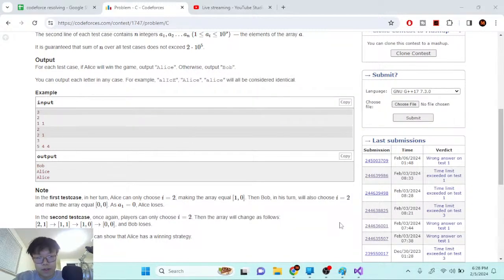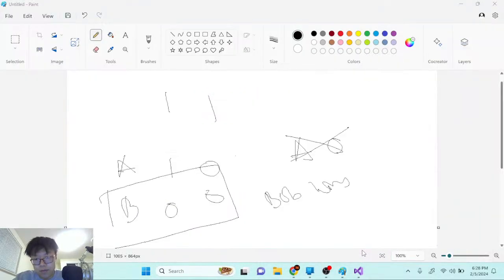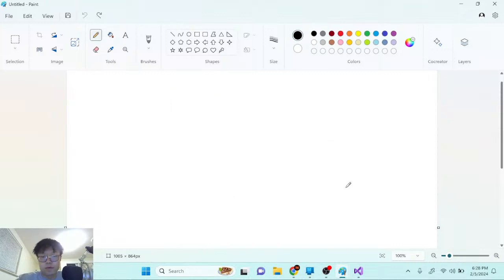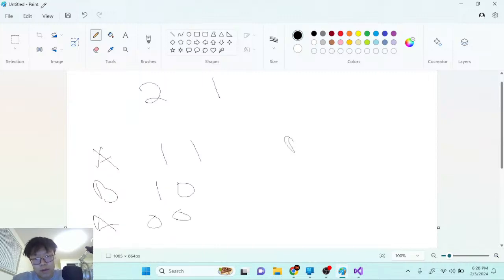Let's look at 2, 2, 1. So Alice's turn, minus 1, 0, 1, so 1, 1, 1. Bob's turn, minus 1, 0, so 1, 1, 0. Alice's turn, minus 1, 0, so 1, 0, 0. Bob's turn, 0. Alice wins.